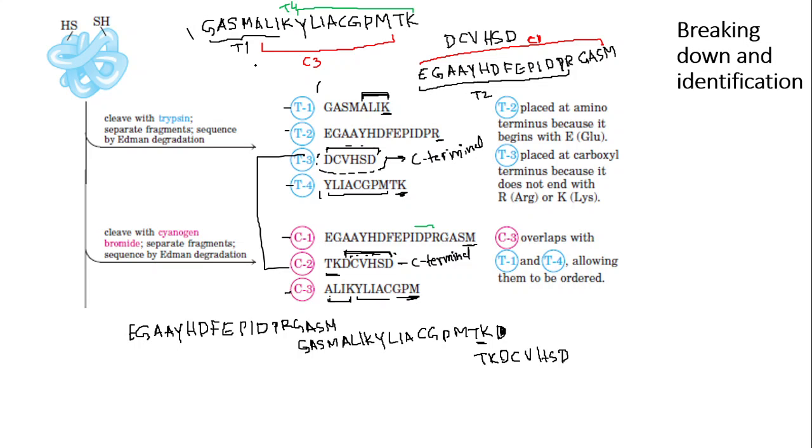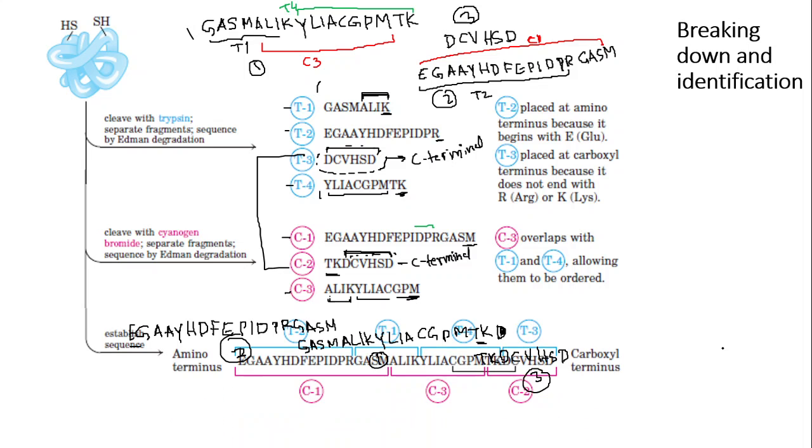So this is fragment number 1, this is 2, and this is 3, okay. So that is your entire peptide starting from here, E, then continues till here, TKD, and then continues here, okay. So this is the answer.